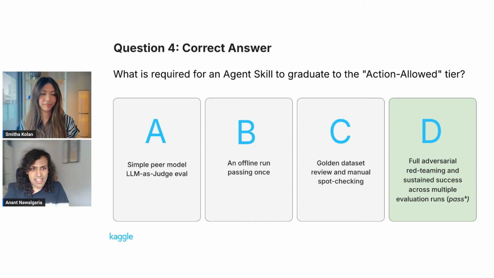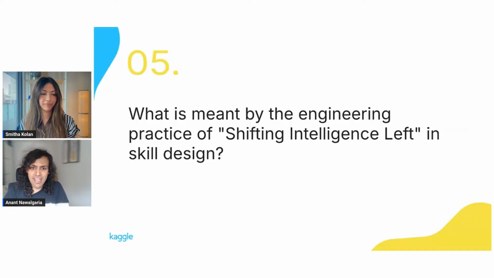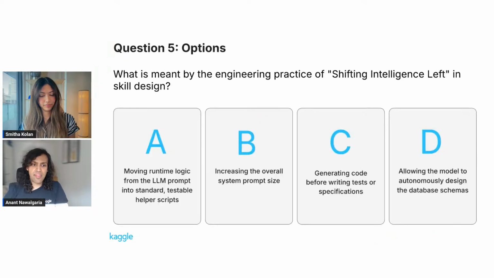All right, to our last question. What is meant by the engineering practice of shifting intelligence left by skill design? Is it A, moving runtime logic from the LLM prompt into standard scripts? B, increasing the overall system prompt size? C, generating code before writing tests or specs? Or D, allowing the model to autonomously design the database schemas?